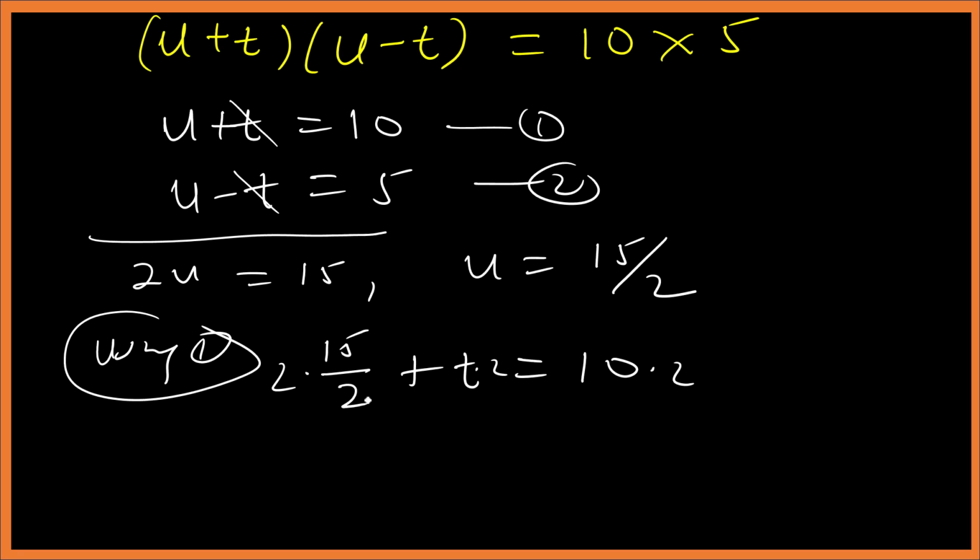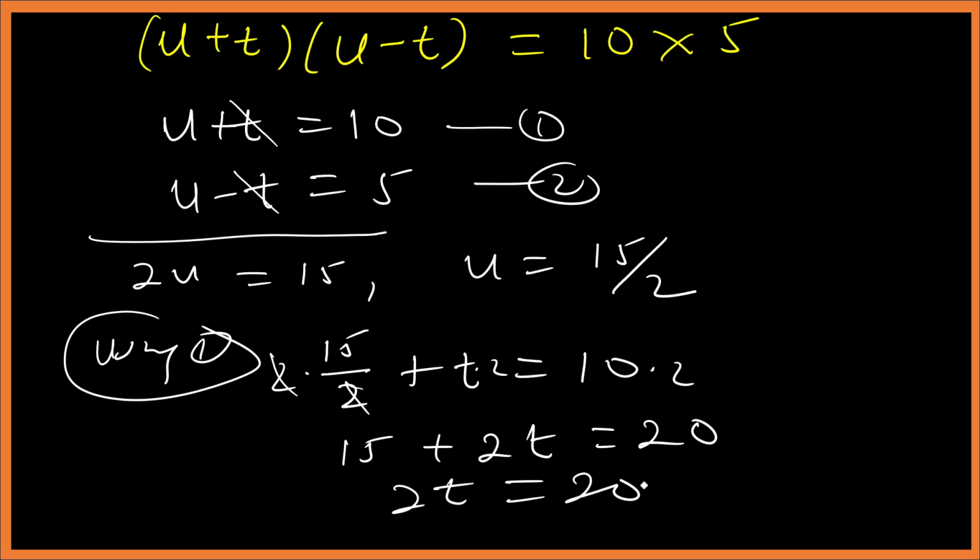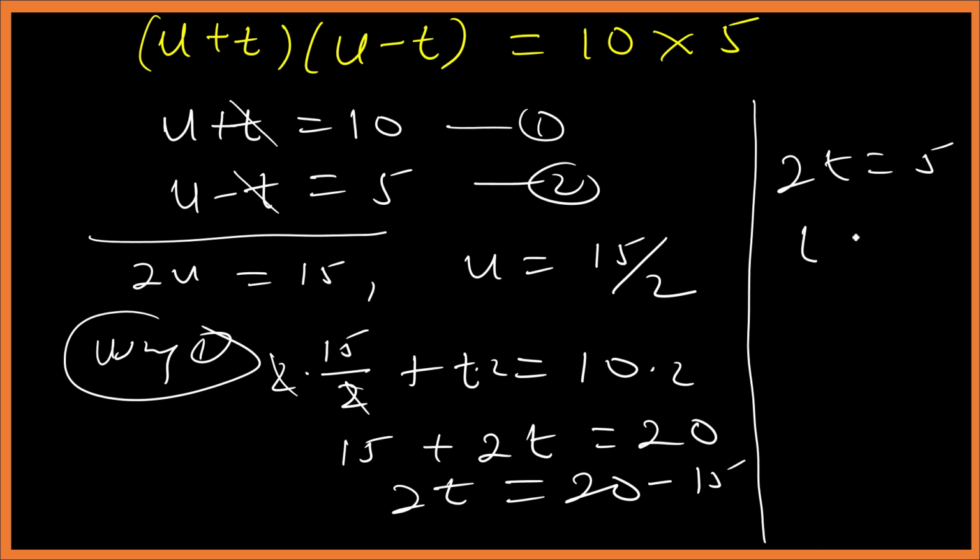Times 2, this one will cancel: 15 plus 2t equals 20. So 2t is 20 minus 15, which is 5. So 2t equals 5. t is 5 on 2.